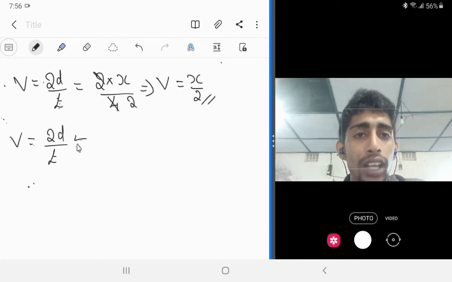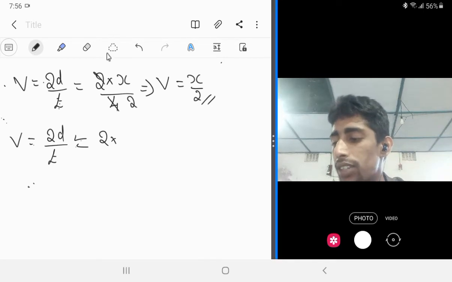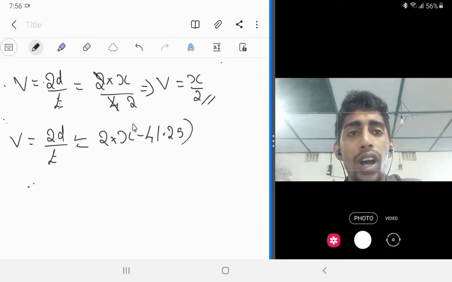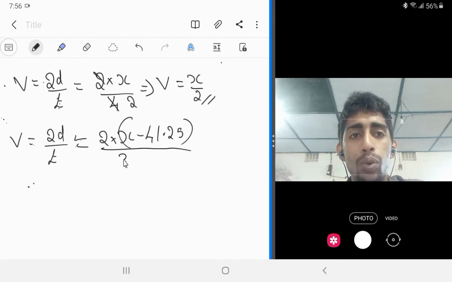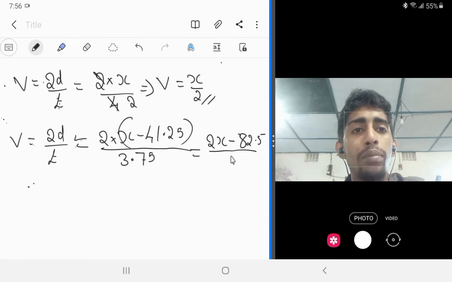So 2 into the distance, x minus 41.25, divided by the time 3.75. Then we will get 2x minus 82.5 divided by 3.75.